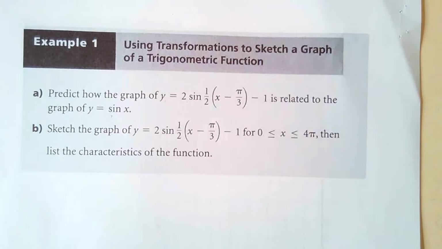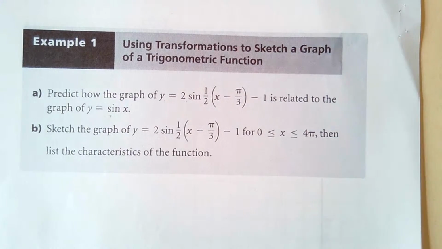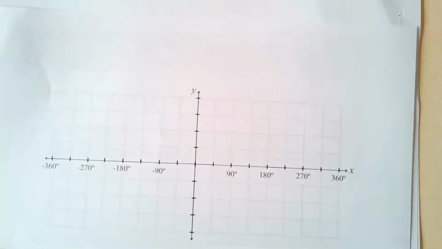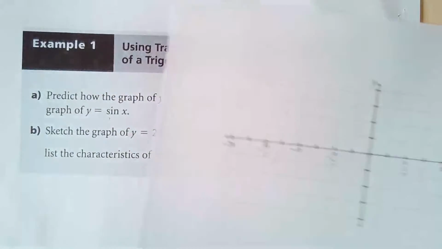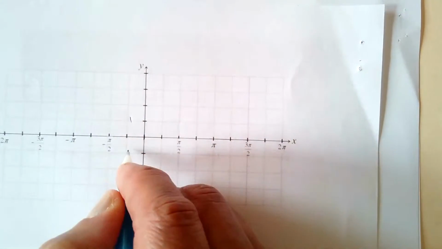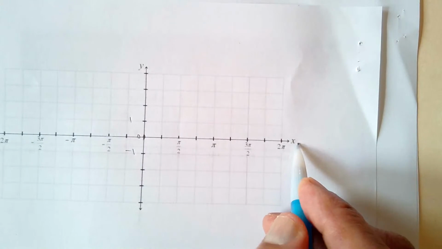Now sin x, as we know all along, is a graph that starts off at the origin. Here we have degrees, but we'll probably use radians. So the amplitude is 1, and the midline is 0.